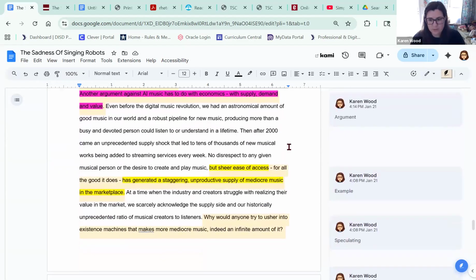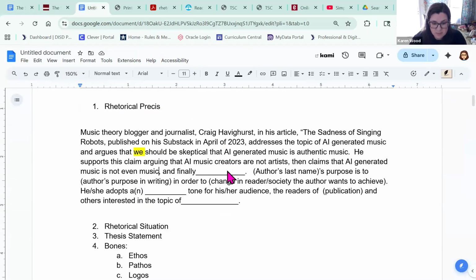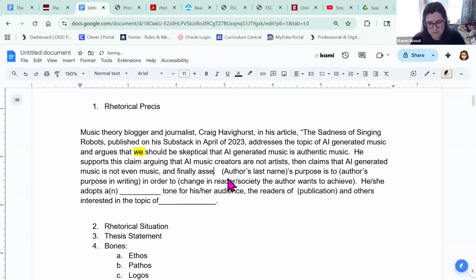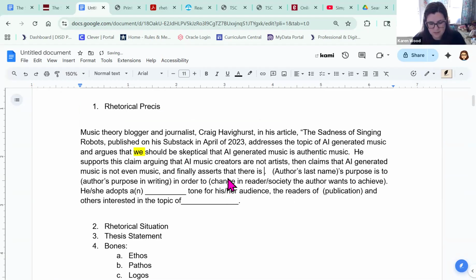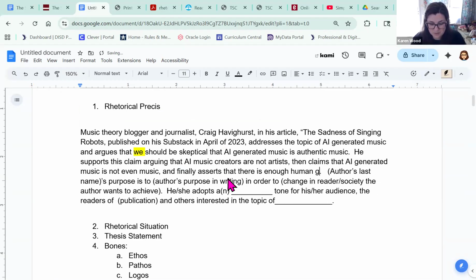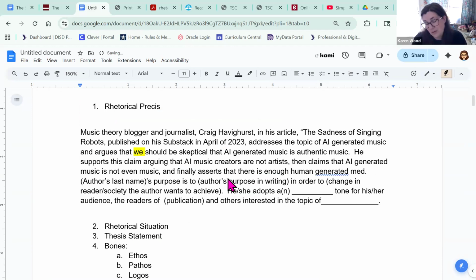Okay, so I'm going to pick up on his argument here that we already have enough bad music. We don't need more generated AI bad music. Finally, he asserts that there is enough human generated, I'm just going to call it mediocre.